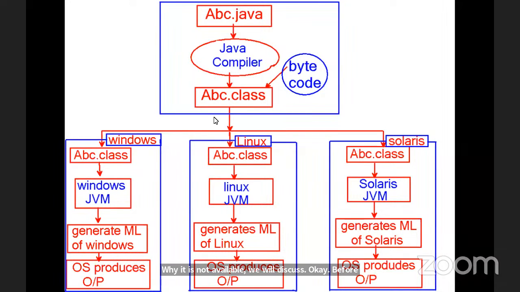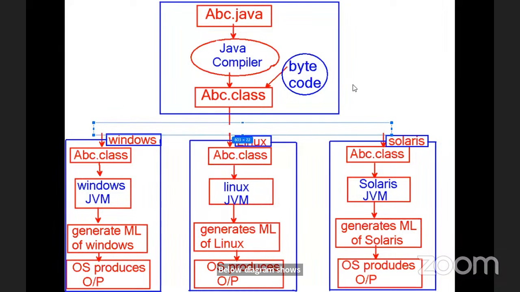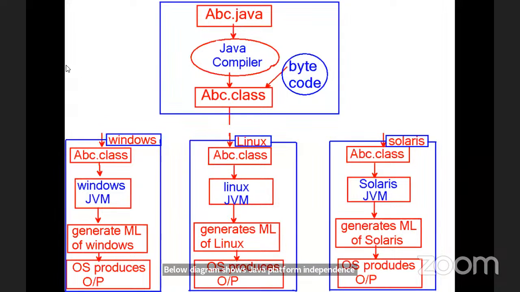Okay. Before writing this point, I think yesterday we did not write this diagram. I want you to write this diagram. Below diagram shows Java platform independency.